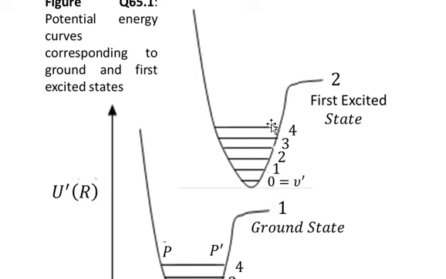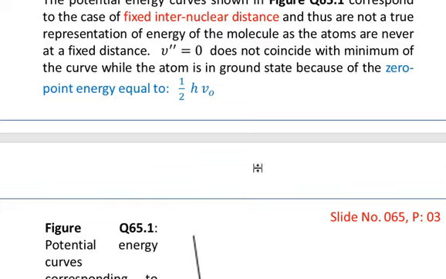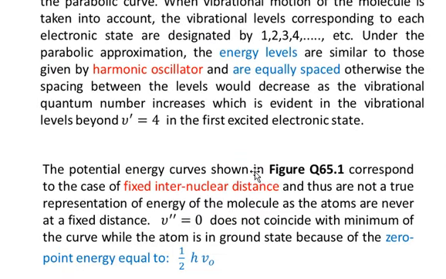But for higher levels of the first excited state, beyond the quantum number 5, the separation between the levels will keep on decreasing as the quantum number is increased. So such levels do not fall under the parabolic approximation, and we cannot treat them as a harmonic oscillator.